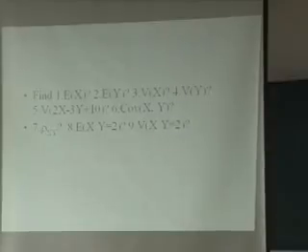The sixth one, find covariance xy. And then the seventh one, find rho xy. Eighth one, find the conditional mean. When y equals 2, what is the mean of x? And when y equals 2, what is the variance of x?